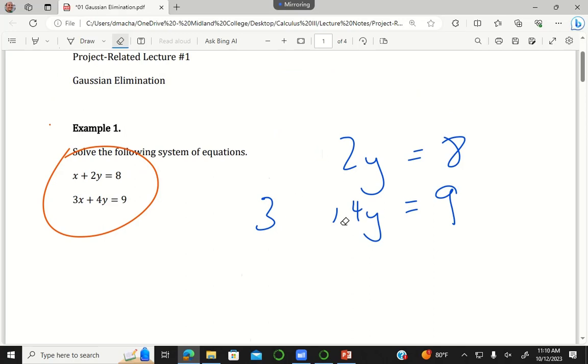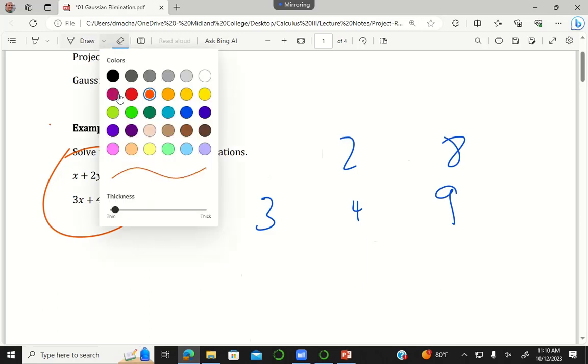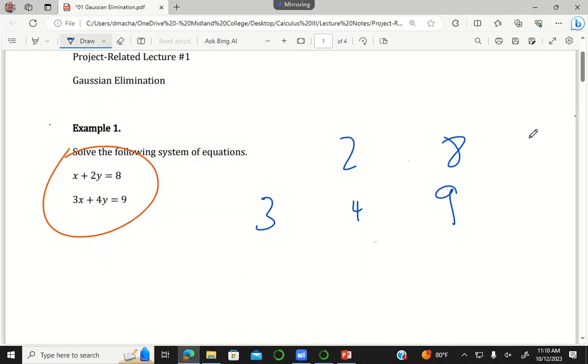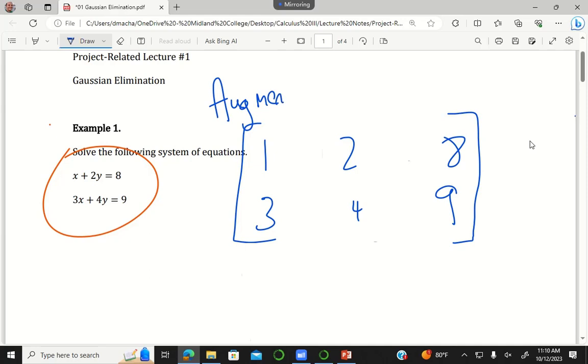And I'll show you exactly what that looks like. We're going to write this. And this is what we call our augmented matrix. This augmented matrix represents that system of equations.